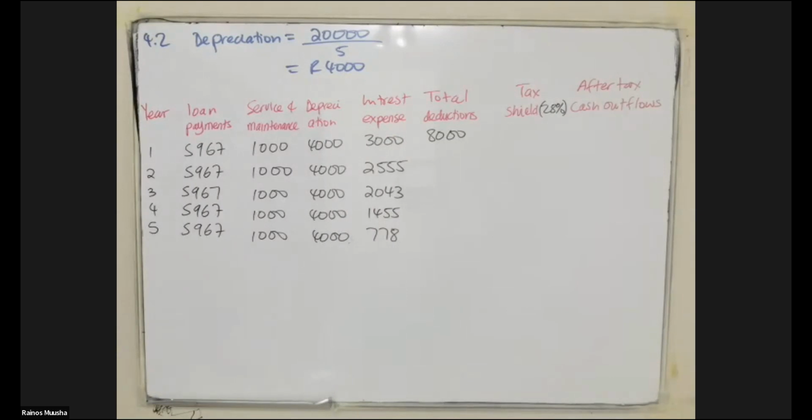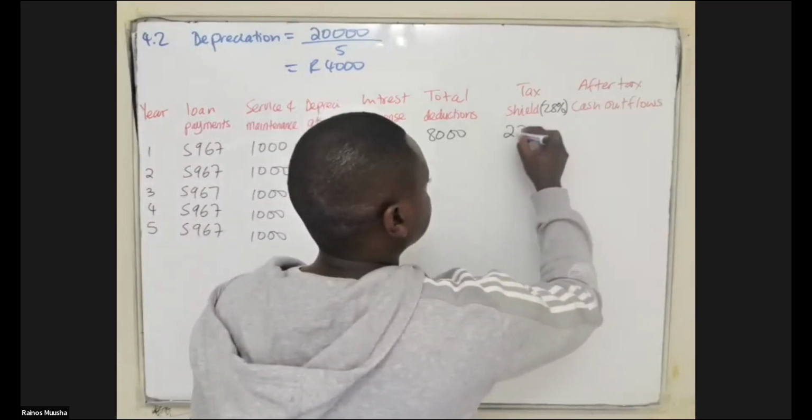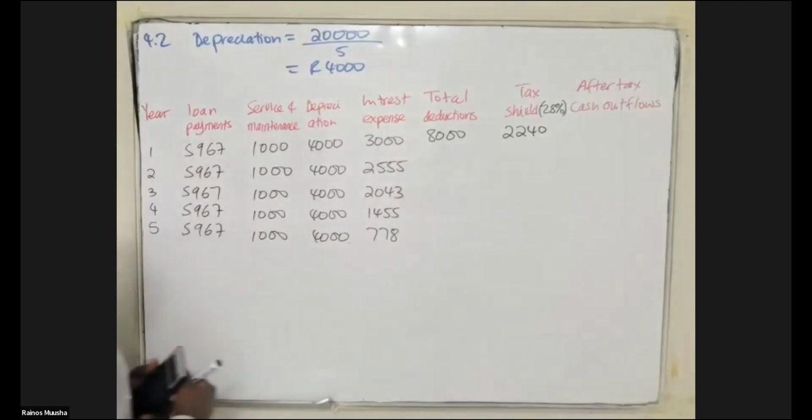So how much is your tax shield? $2,240. So our tax shield is 2,240. Now from there, we need to calculate the after-tax cash outflows.